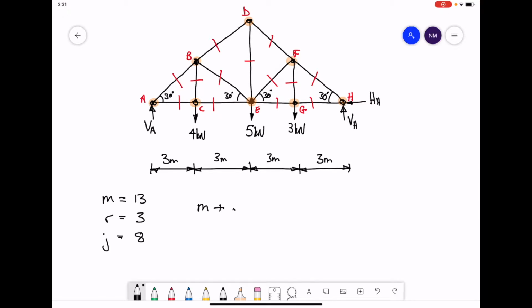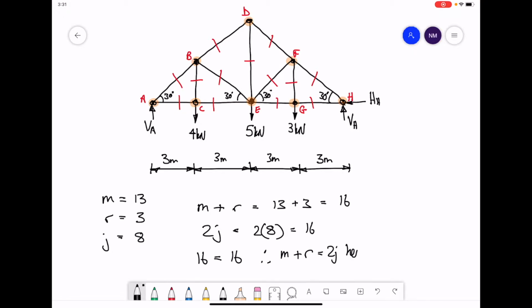M plus R is 13 plus 3, giving you 16. 2J is 2 times 8. It also gives you 16. 16 equals 16. Therefore, M plus R equals 2J, hence statically determinate.